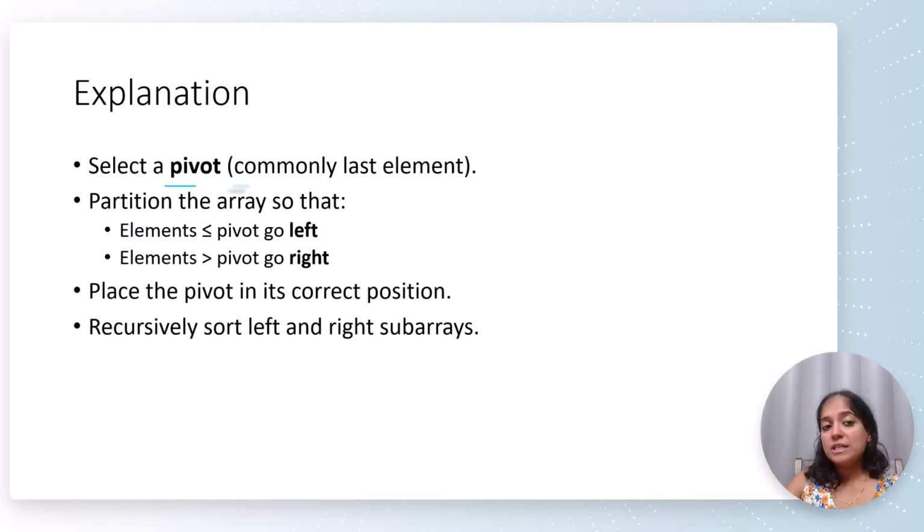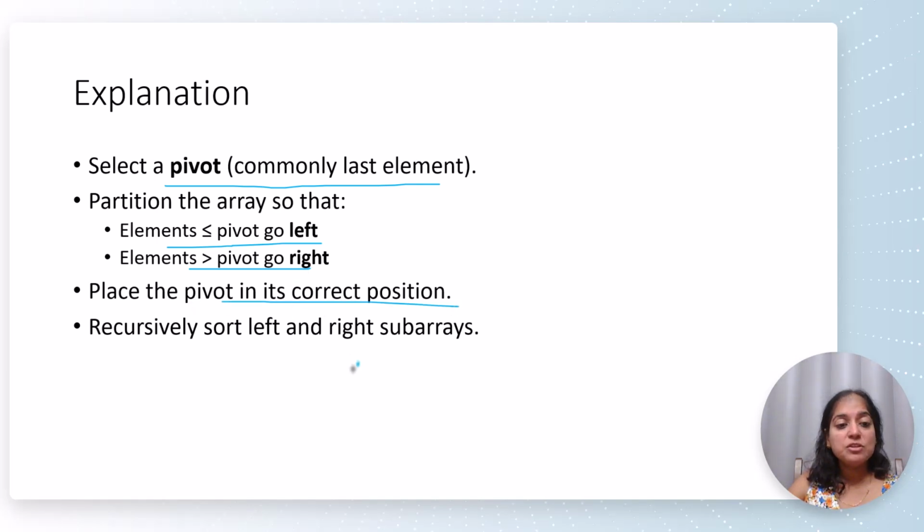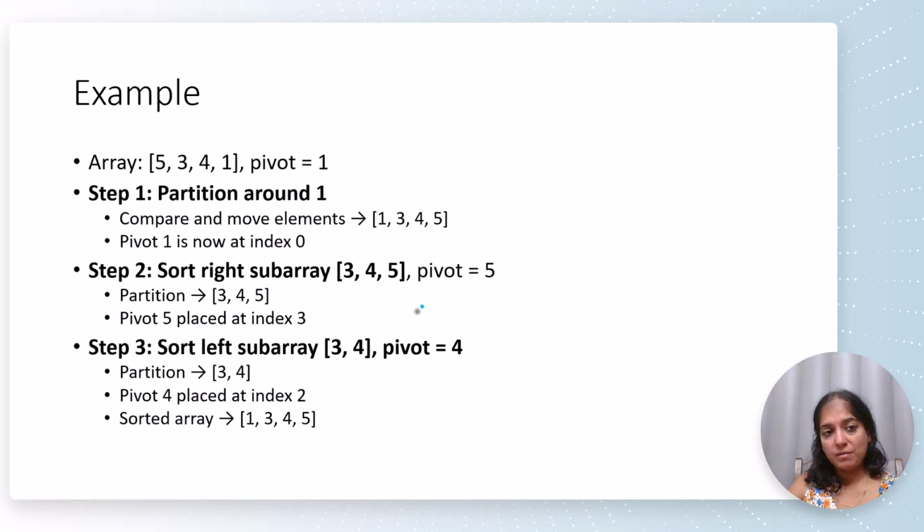You need to select a pivot element, generally the last element. Compare the elements and partition the array such that elements which are less than or equal to the pivot go towards the left and elements which are greater than the pivot go towards the right. Then place the pivot in its correct position. Recursively sort the left and right subarrays. It is one of the most popular sorting algorithms.